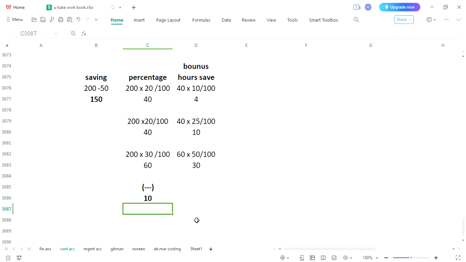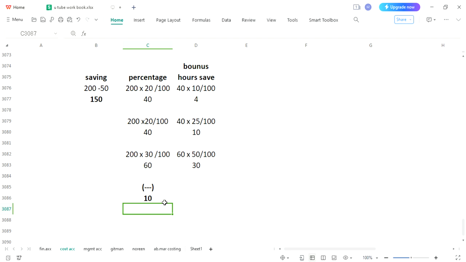Why? Because total hours saved were 150, and up till now in 3 steps we have given bonus for 140 hours. If we calculate the next 30, it would go beyond the limit of 150. So instead of calculation, you will give bonus for the remaining hours.